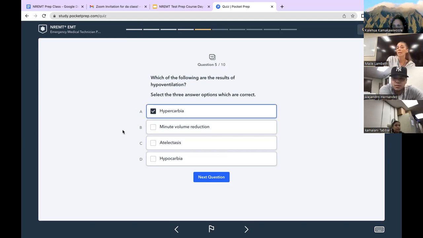The only other option there that is the opposite of that is hypocarbia. If you didn't know what the rest of them meant, hypocarbia is out. If you're confident that hypercarbia is what we're dealing with, then we know the opposite one is out, right? That would leave us with minute volume reduction. And of course, minute volume, what does that mean? Okay, good. And does anybody know what atelectasis is?